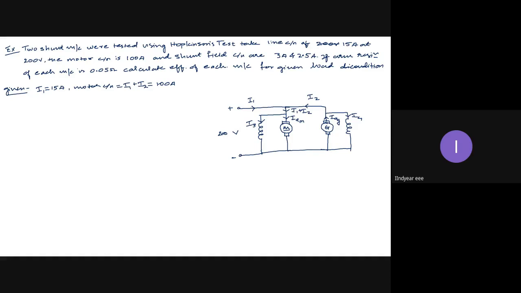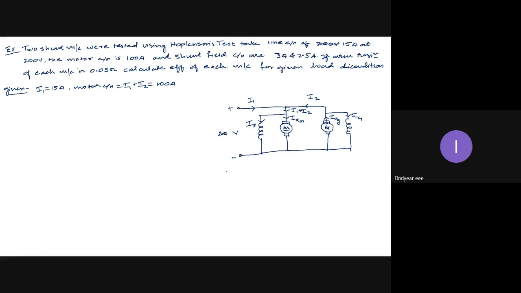So what will be the motor field current and what will be the generator field current? Can you guess? Anybody? Okay, you are not interested. Fine. So here, when the field weakening happens, the field current decreases. So whenever field currents are mentioned without actually mentioning which field current is for which machine, then by default, the lower value of field current is for the motor, and the higher value of field current is for the generator.